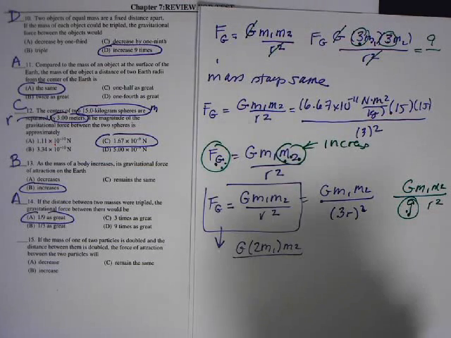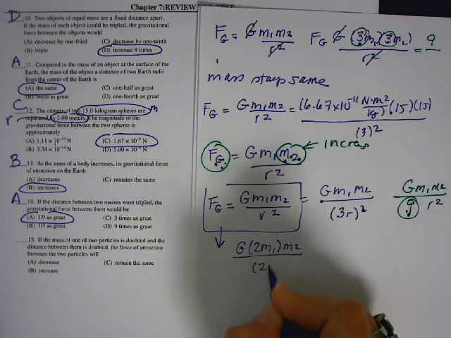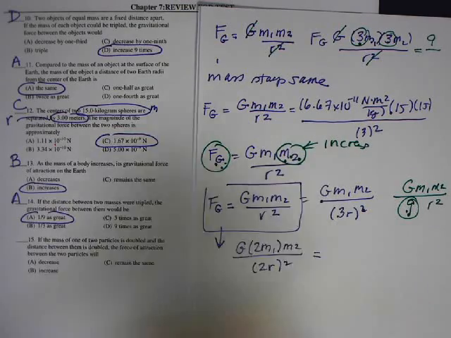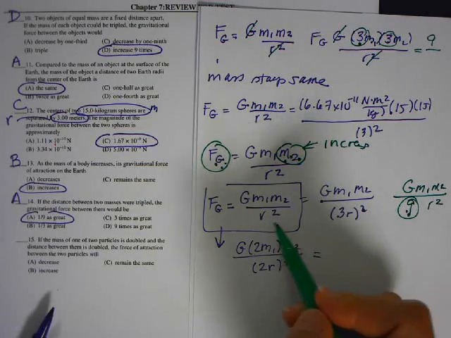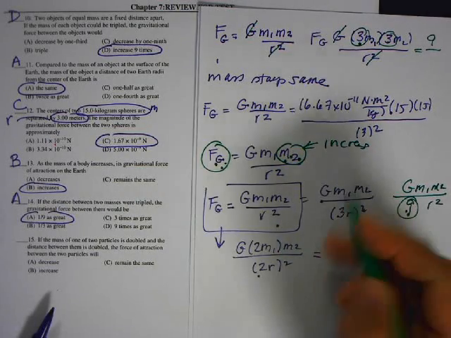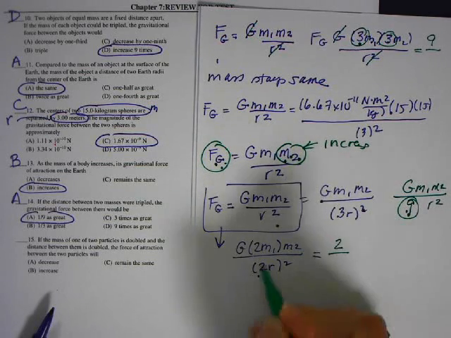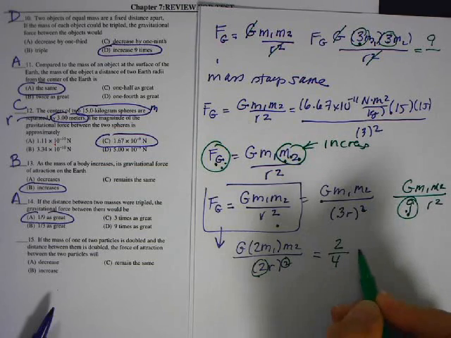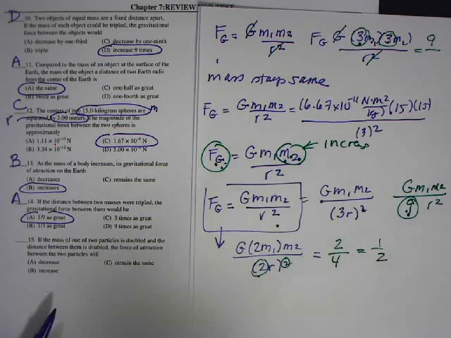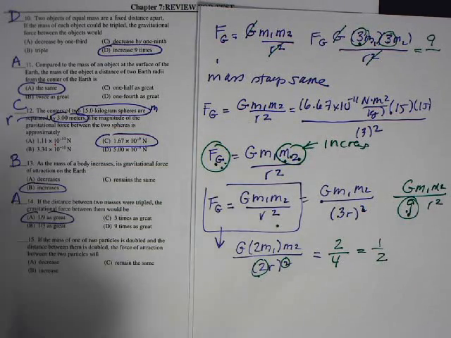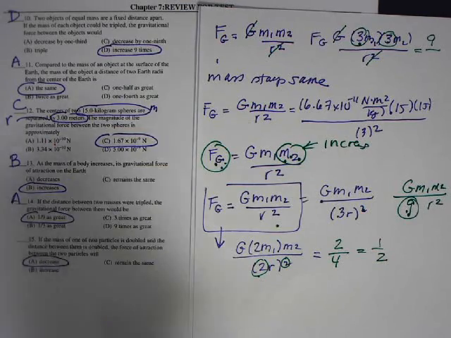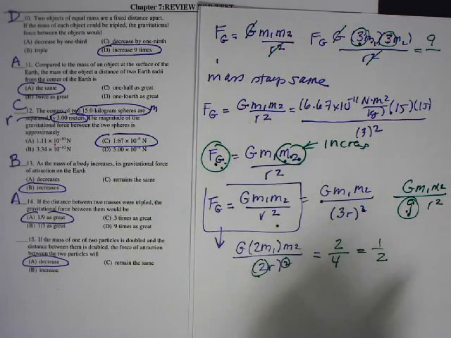Now I'm going to look at what's the difference between my basic equation and here. What happens is I have a 2 in the numerator. In the denominator, I have a 2 squared, which is 4, so overall it would be 1/2. That's why I see it's going to decrease. And if they ask me how much, I would say it decreases by half. So this is the way that you do all these. And that's it.